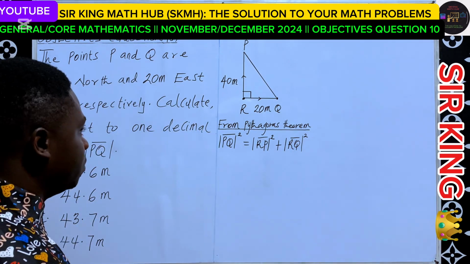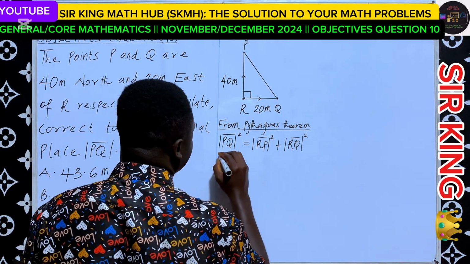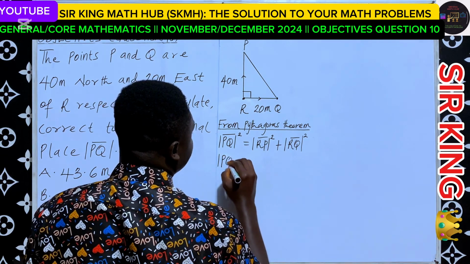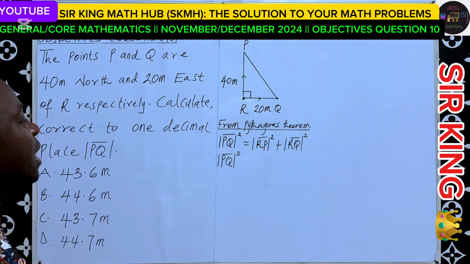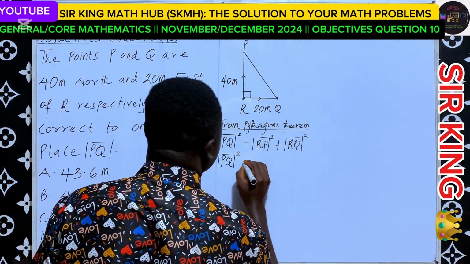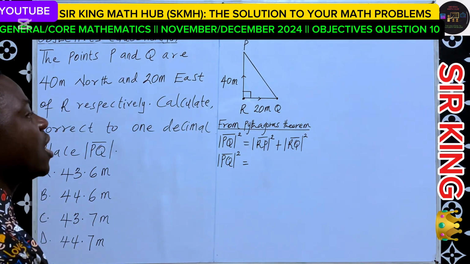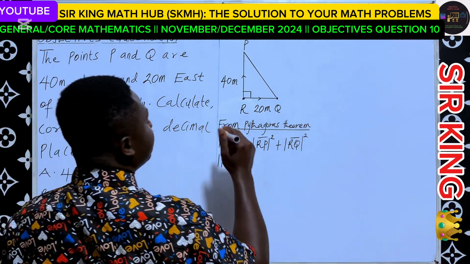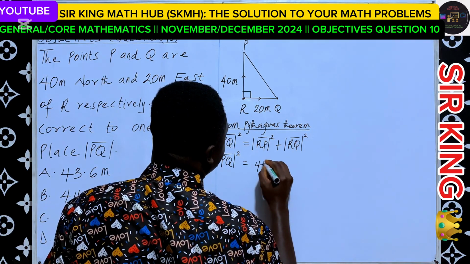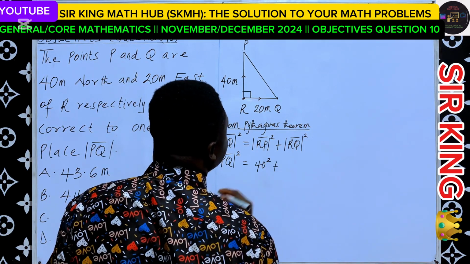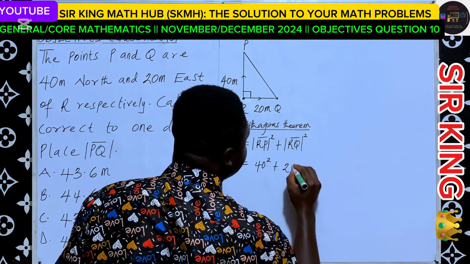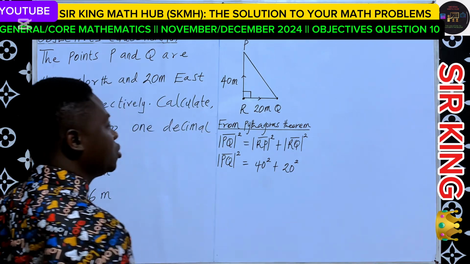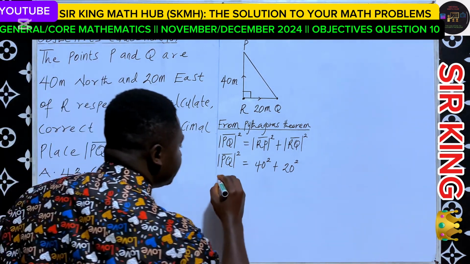At this point, we can do our substitution. So the square of line PQ is equal to, now what is the length of line RP? 40 meters, so 40 squared plus the length of line RQ, I have 20 squared. You can still simplify.